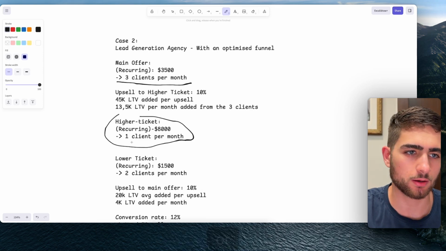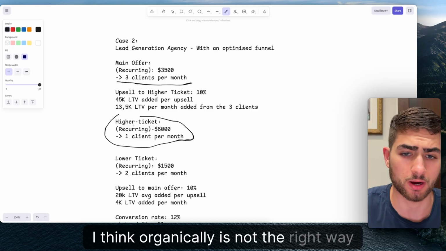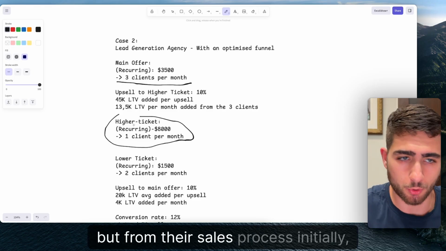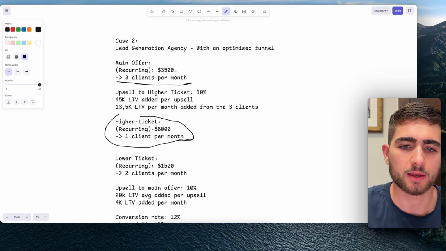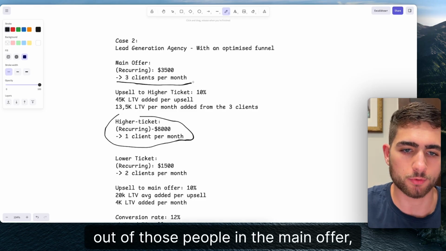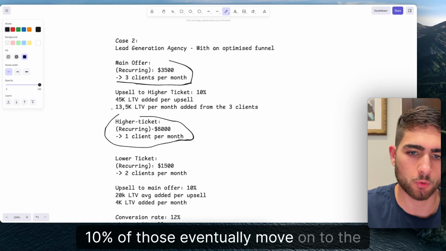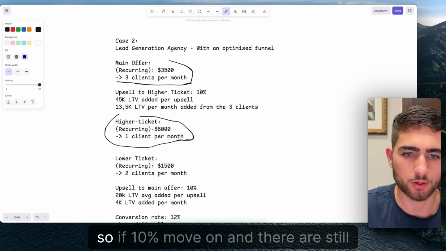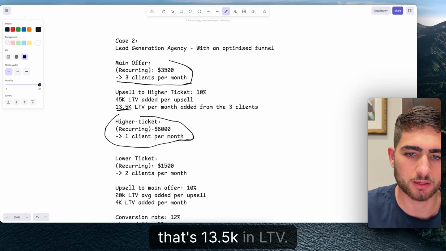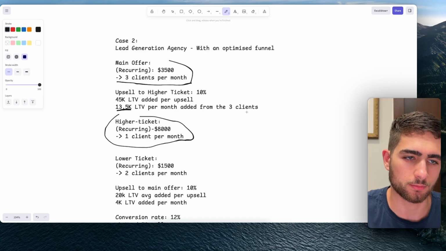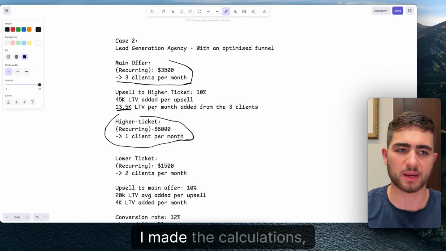So from their sales process initially, each month they convert one person. And then out of those people in the main offer, 10% of those eventually move on to the higher ticket. So if 10% move on and there's 3 clients on average, that's 13.5K in LTV if we get 3 clients a month. I made the calculations.